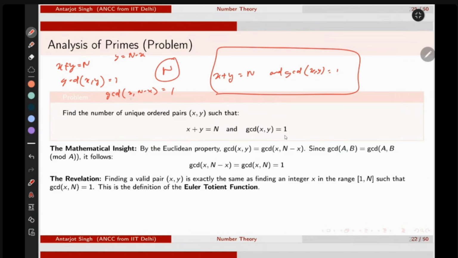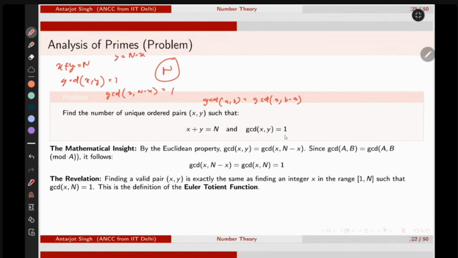And we know the property that GCD of A, B is equivalent to GCD of A and B minus A. So we can write this as GCD of x and n equals 1, and similarly GCD of y and n equals 1.